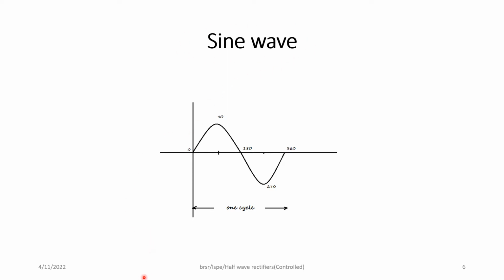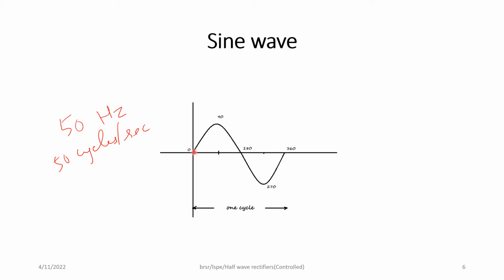In India, we have the supply frequency as 50 Hertz, which means 50 cycles per second. In this waveform, you see one cycle. By 50 cycles per second, what we mean is in 1 second, there will be 50 such cycles.